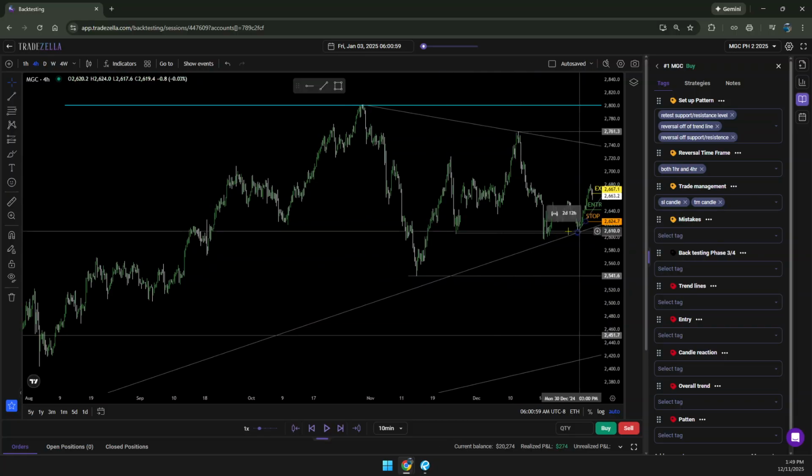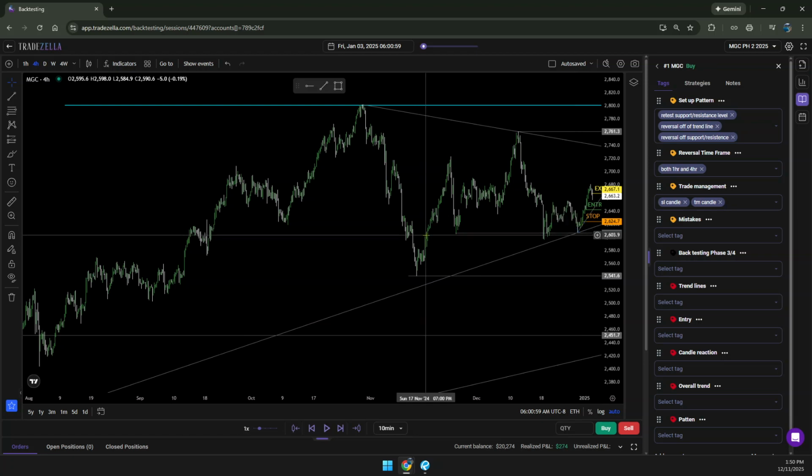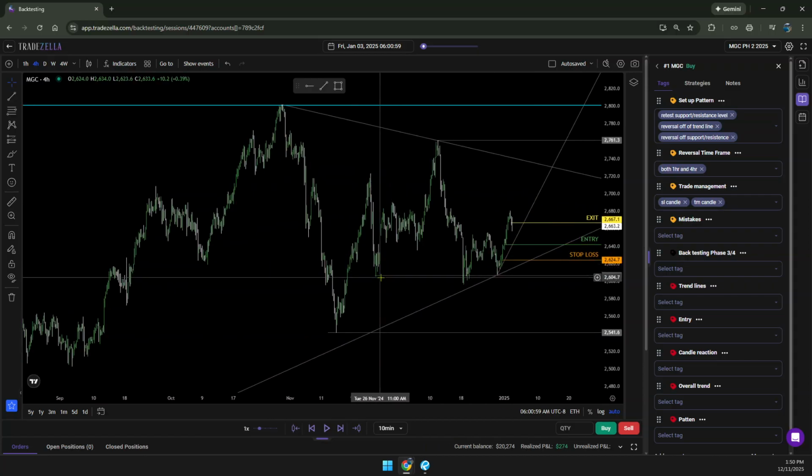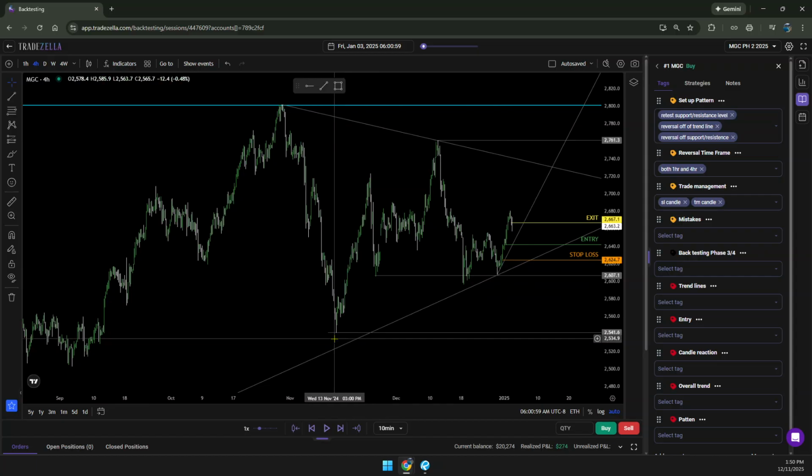We came down, and this is where I'm seeing the clear double bottom, strong double bottom and reversal, and that comes from my support resistance trading. So that's a signal to me. We have a lower low.